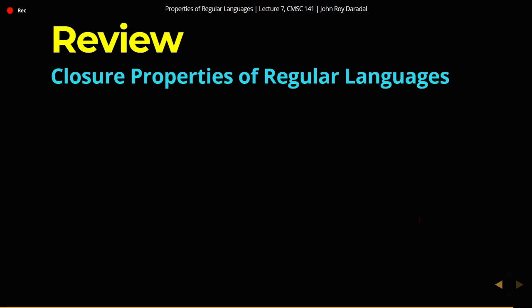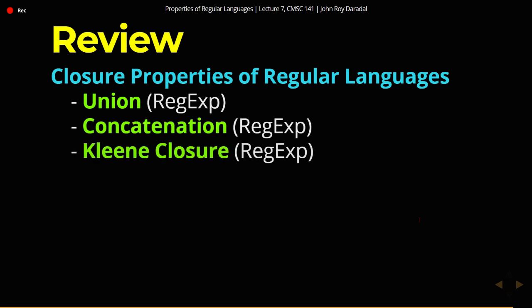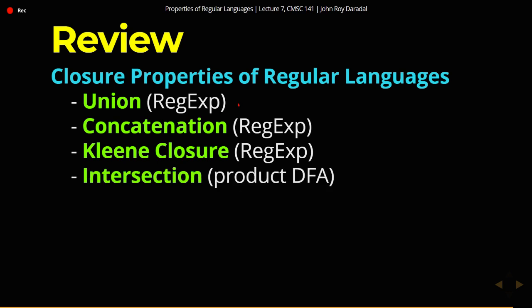And then we also discussed some closure properties for regular languages, specifically for the operations union, concatenation, and Kleene closure, all of which use the regular expressions as their proof because they are the basic operations for regular expressions. And then for intersection, we use the product DFA, wherein the final states are supposed to be states that are accepting states in both DFAs.